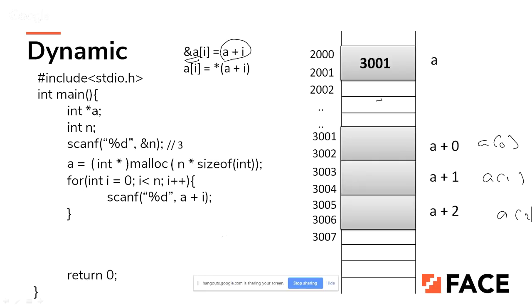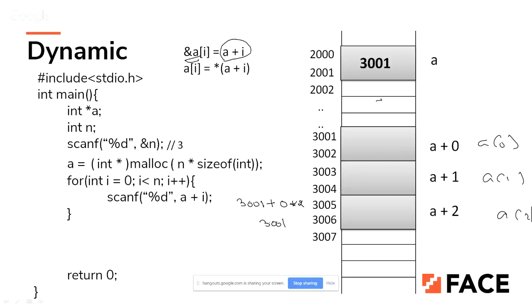Here, how it works: I have given i value equal to 0, 0 less than 3, condition is true, then i plus plus. We will go for scanf of a plus i. What is the value of i? The value of i is 0. So a, the value stored in a, is 3001 plus, what is the value of i? 0. When I explained pointer arithmetic, 3001 plus 0 means that the size of the data type will be multiplied with 0, which is 3001 plus 0 into 2, which is 3001.